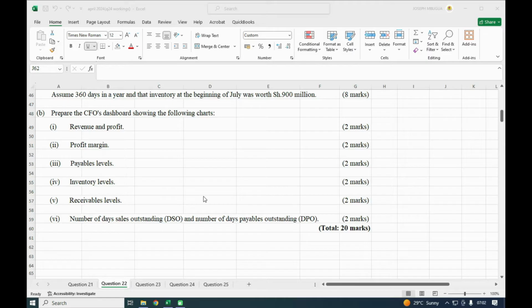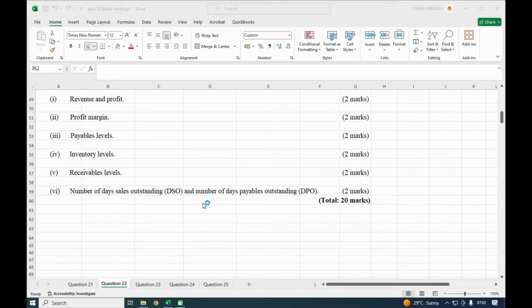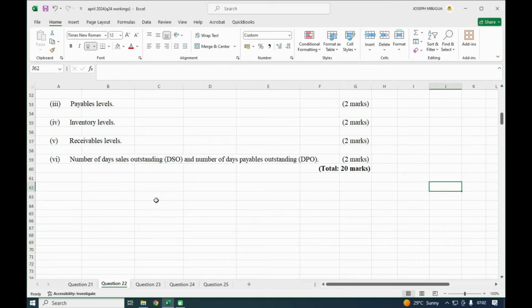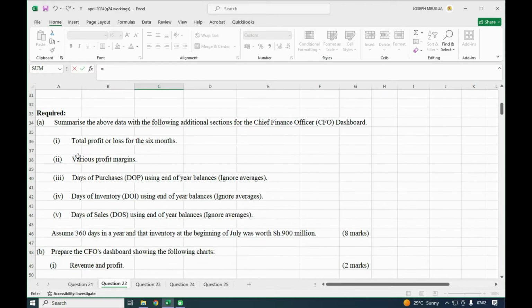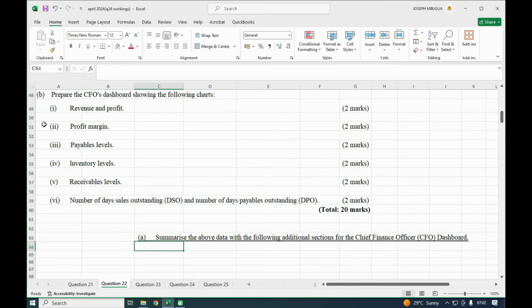And the first thing that we shall do, we start with number A. Number A, let me do it here. This one, where we are supposed to do a summary of the above data. And the first thing we need is the revenue and profit. When you look at the revenue and profit, we shall start with the month.